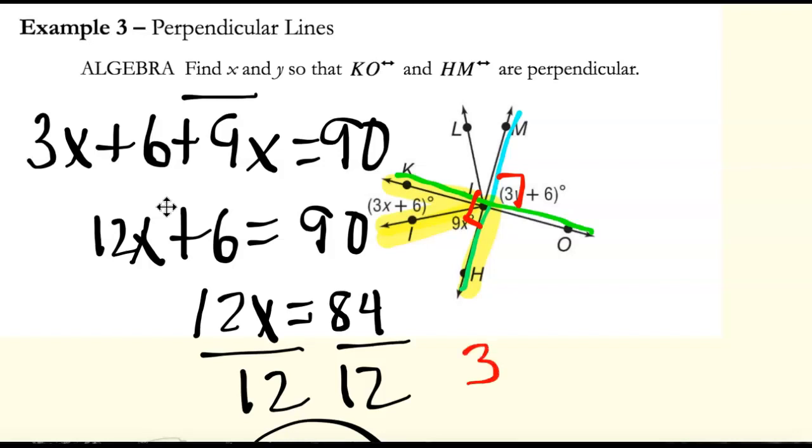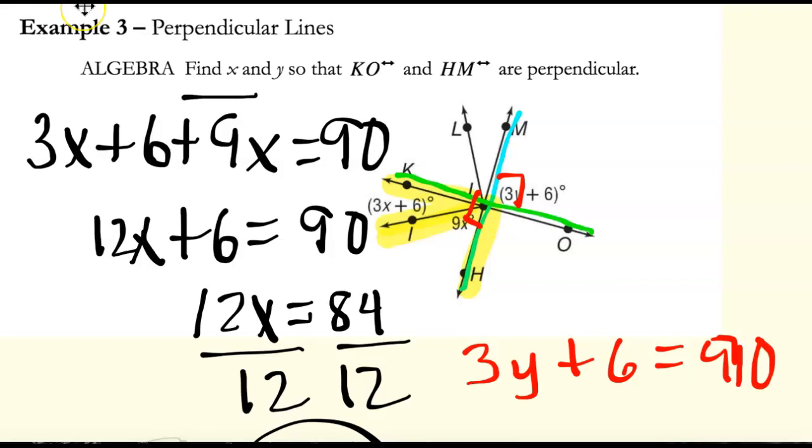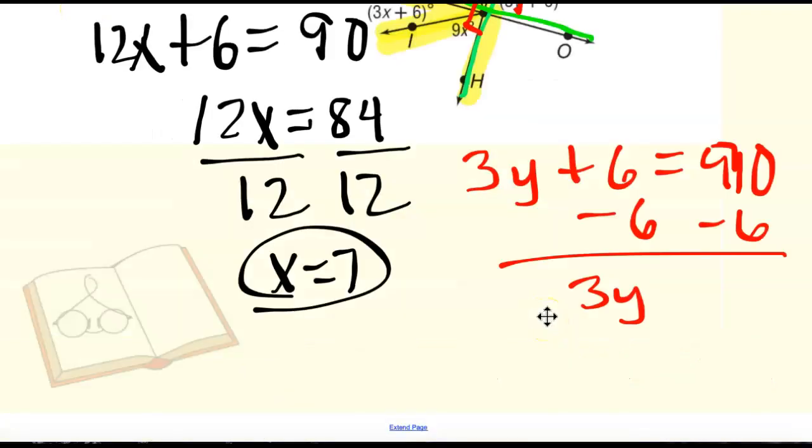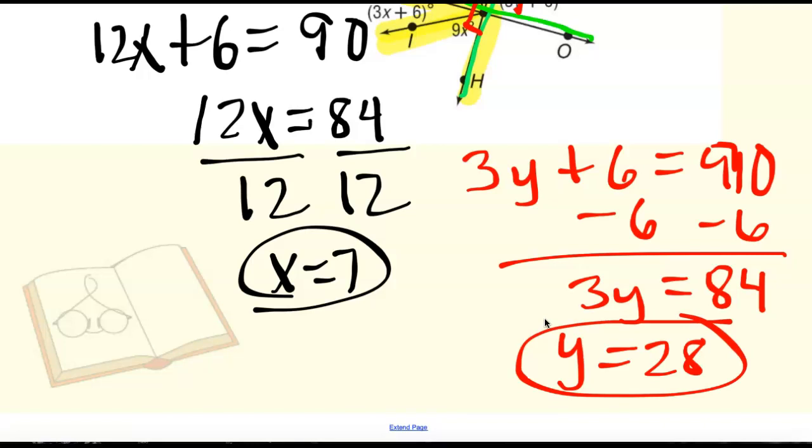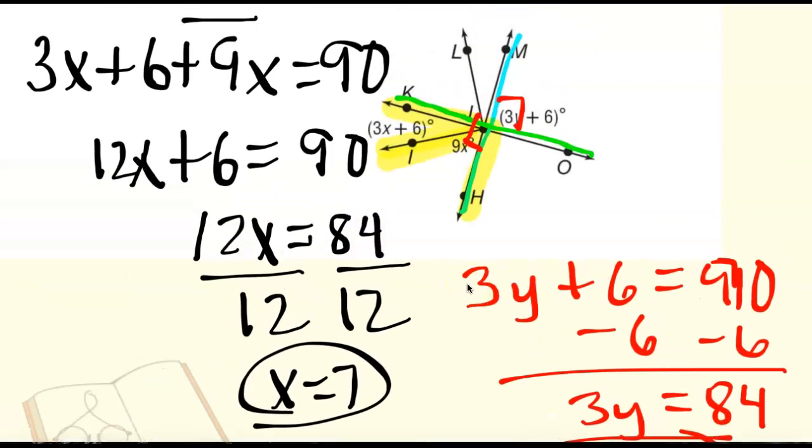We get 3y plus 6 equals 90. We follow the same process, subtract 6 from both sides, and we get 84 again. Now if they had asked us to find a different angle, we might need to plug in x or y, but in this case they just want us to get the value of 90 degrees.